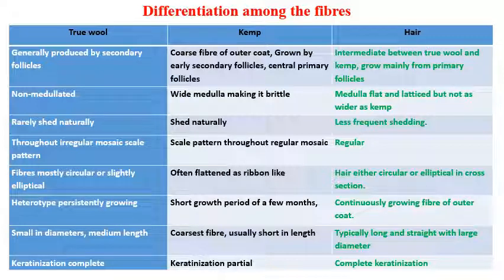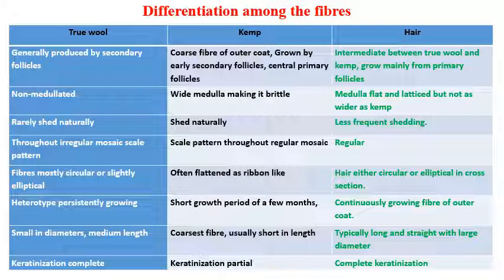Then in the case of true wool, fibers are mostly circular or slightly elliptical in diameter or cross section, whereas kemp is often flattened, ribbon like. In the case of hair, it is either circular or elliptical in cross section, an intermediate.